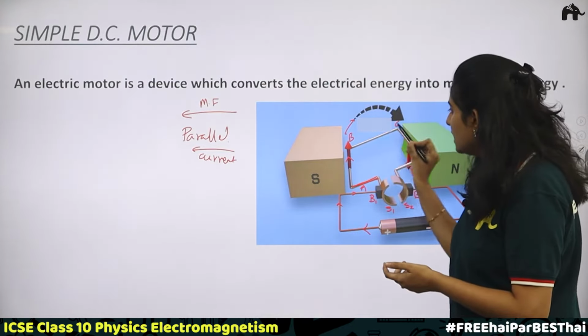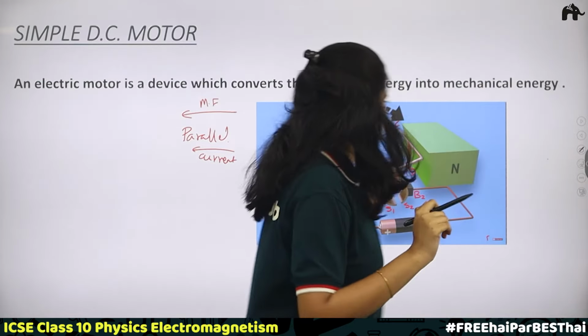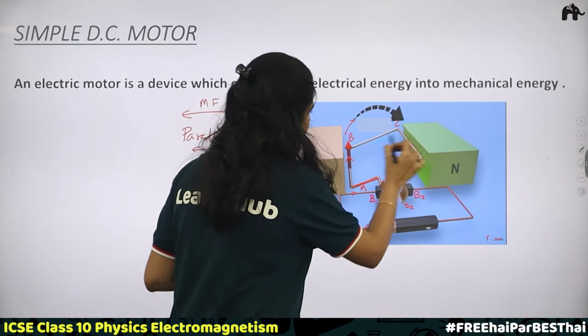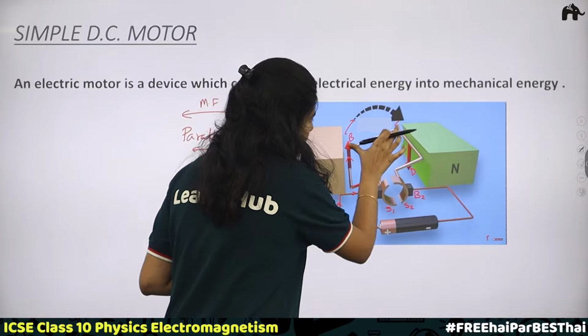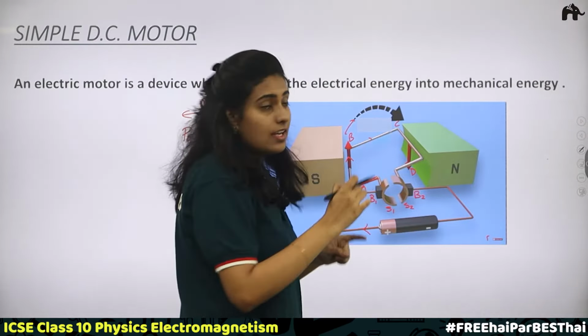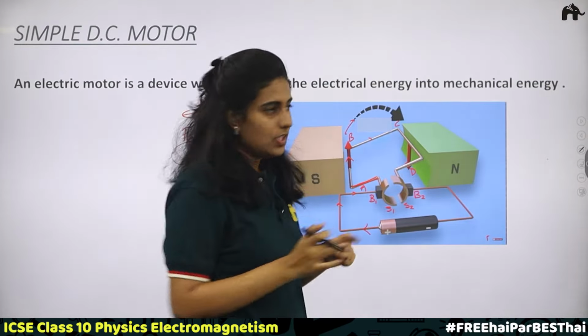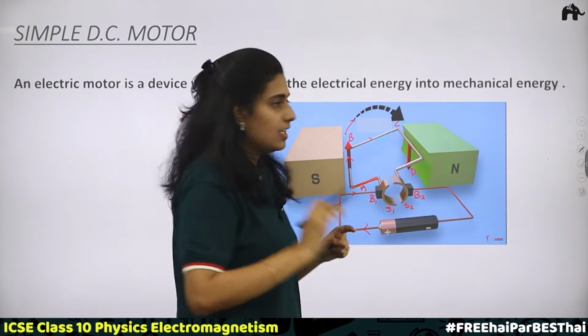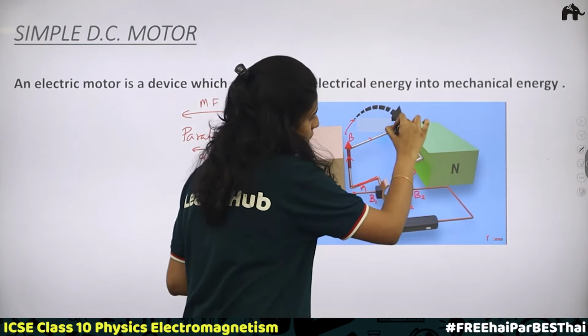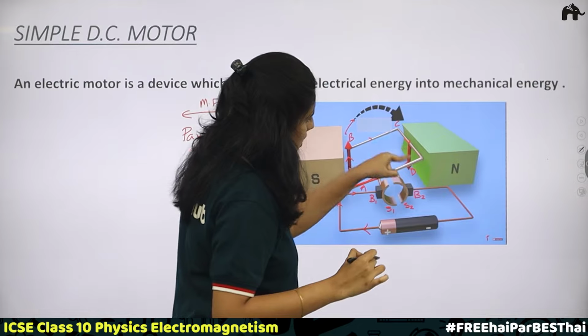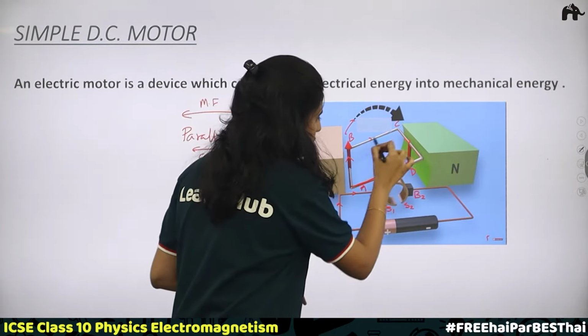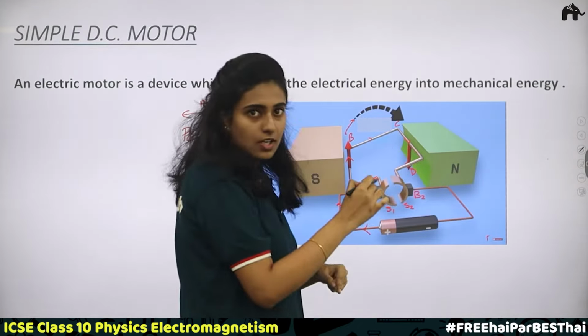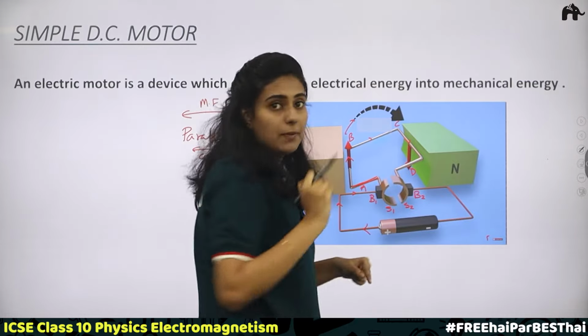Okay, now when you take the part BC, here you can see again the magnetic field and the direction of current flow are parallel to each other. Since they are parallel to each other, it doesn't matter here. Again, you come to this part CD. This is the direction of current flow. You have the magnetic field in this direction, which means they are perpendicular to each other.